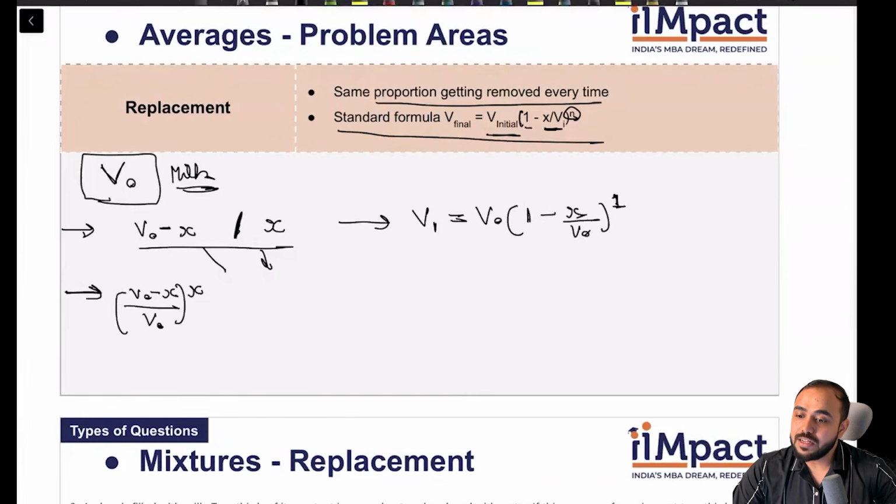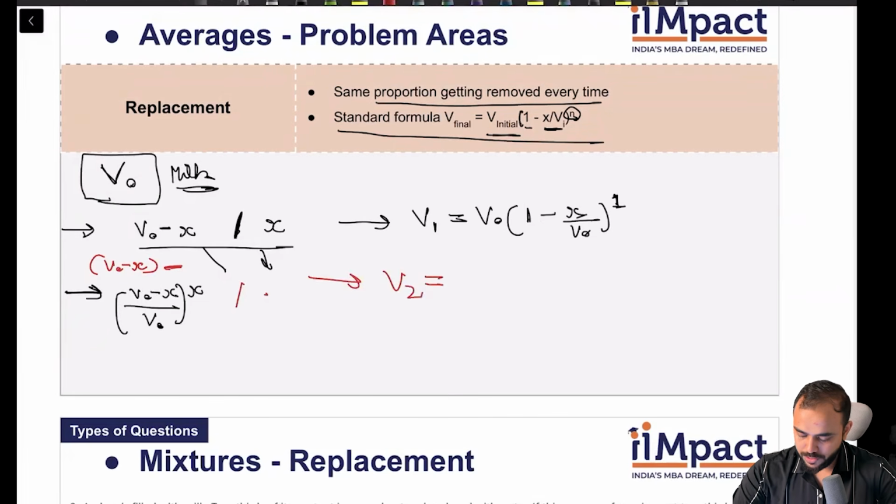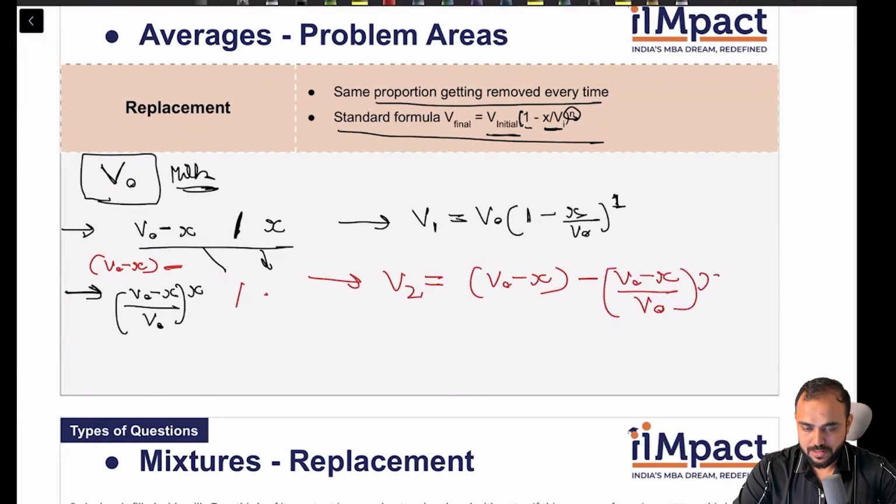So how much milk will remain? Initial, which is V naught minus X, minus this much that is removed. It will get added to water. I'm not concerned with water, which means your V2 is going to be what? V naught minus X minus (V naught minus X by V naught) into X. So can I take V naught minus X common here?